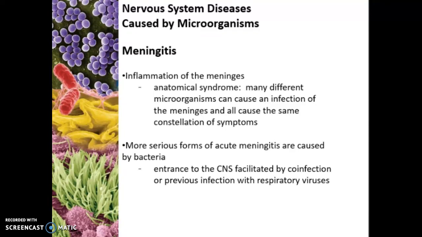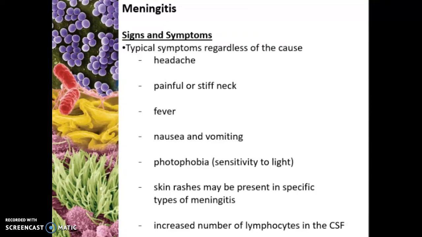and even potentially pneumonia. So with meningitis, typical symptoms regardless of the cause are going to be headache. The headache can be quite severe, painful, or a very, very stiff neck. Fever is generally going to be high. There can be nausea and vomiting. And because this is affecting the brain, there can also be photophobia, sensitivity to light.